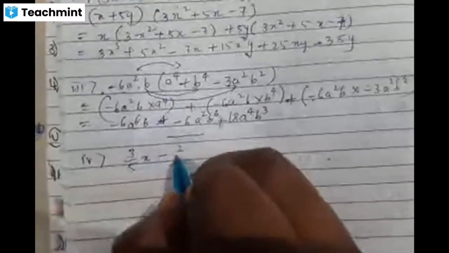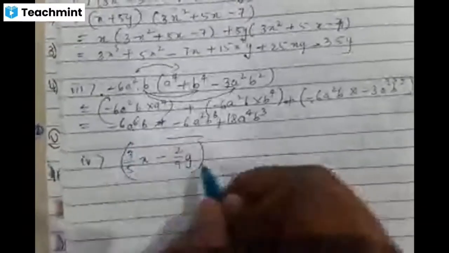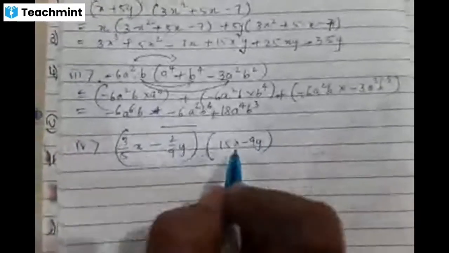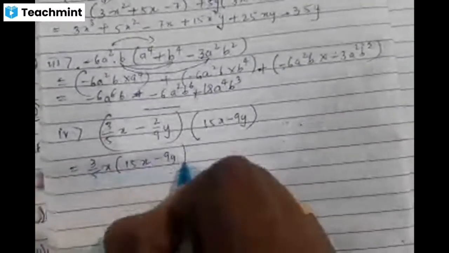Next you have question number 4. 3 by 5x minus 2 by 9y, binomial, with 15x minus 9y. Binomial with binomial. First term 3 by 5x into second bracket, minus second term into second bracket.